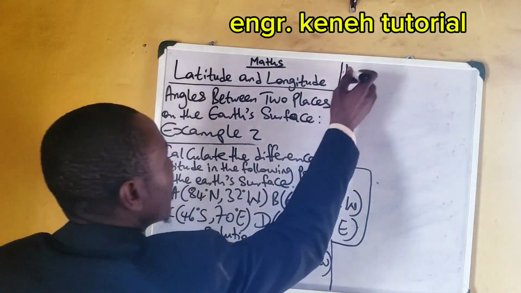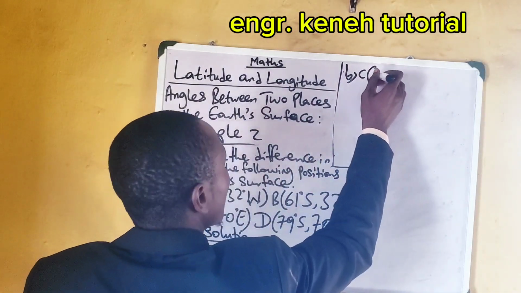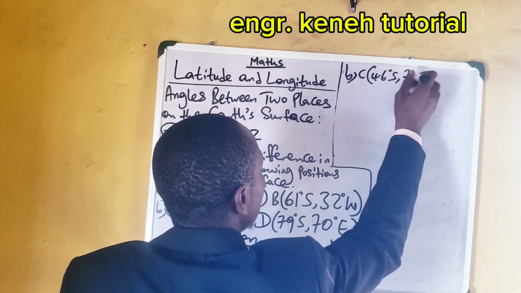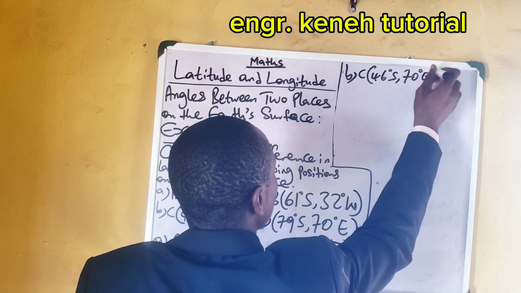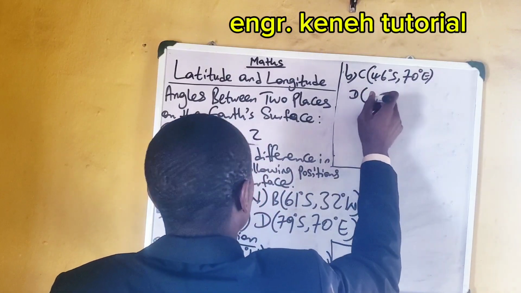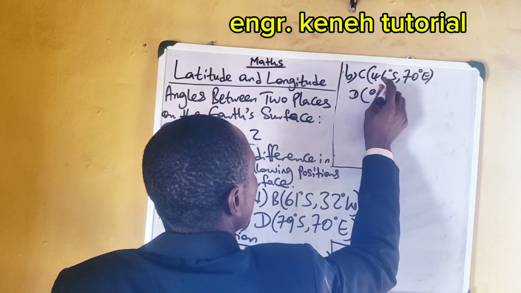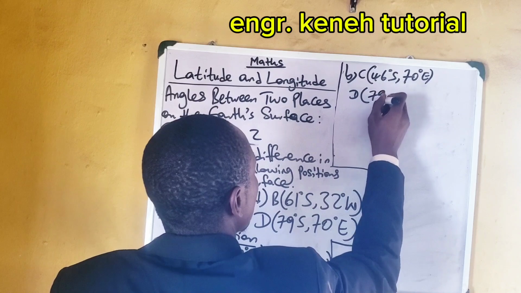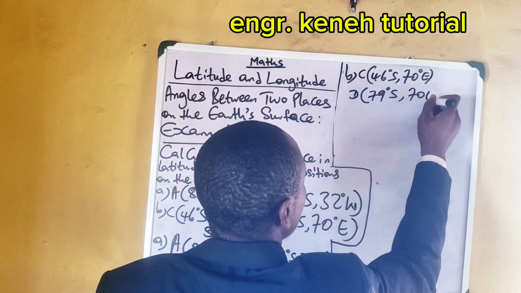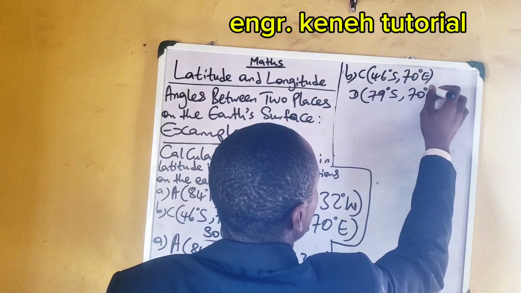For B part of it, we have this. We have our C. We have 46 degrees south, this degrees east. Can you see that? And we have 79 degrees south. Then we have 70 degrees east like this.